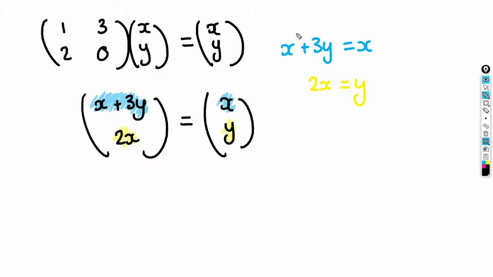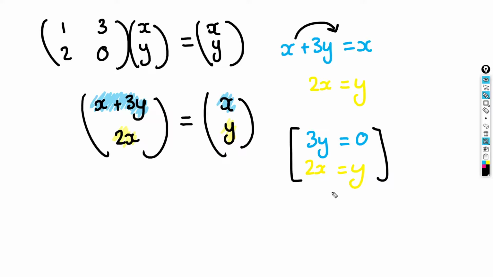Now I'll try and rearrange this. So I'll take the x over the other side, and I'll get the equation 3y equals x take away x, which is 0. And the second equation is just a straight line. It's the straight line y equals 2x. Now, the only solution to these together, and you might already have an inkling of where this is going.